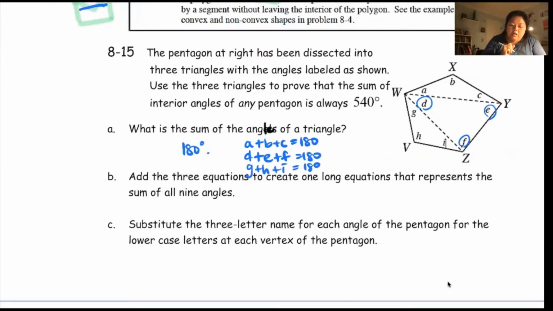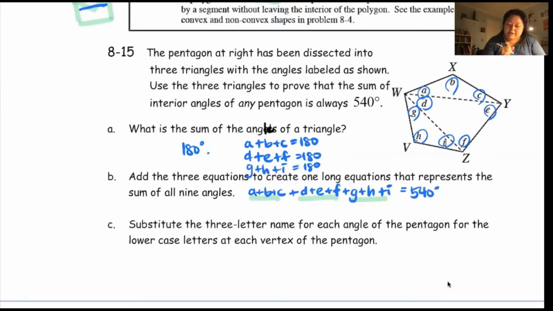So it says add all three equations because they're all inside this pentagon, right? So I'm adding all these angles up to represent the sum of all 9 angles. So I go A plus B plus C and add D and E and F and then G, and H, and I, right? And you know this is 180, 180, 180. So 3 of them makes it 540 degrees.